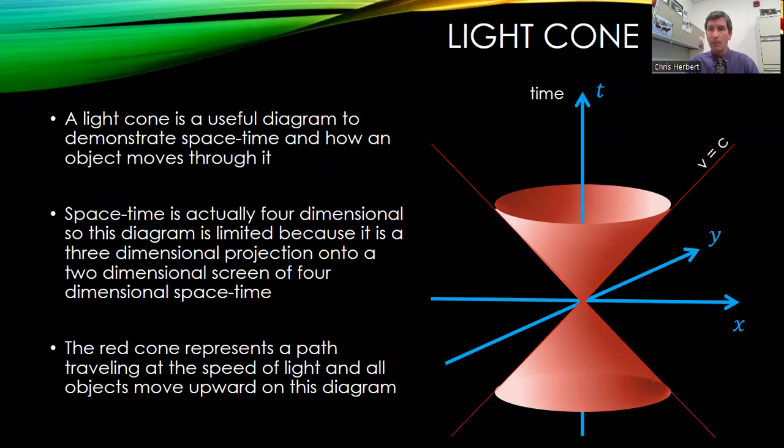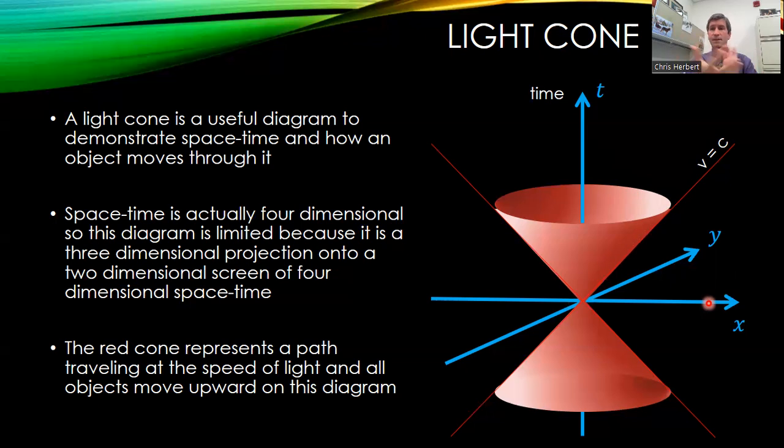In any case, we have these 45-degree lines, which represent the speed of light. If we had something traveling at the speed of light, it would follow a 45-degree angle between the x and the t axis here, or the ct axis, if you want to get our proper units.